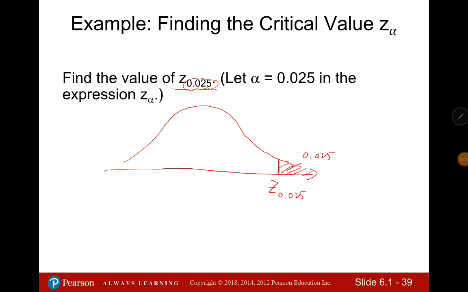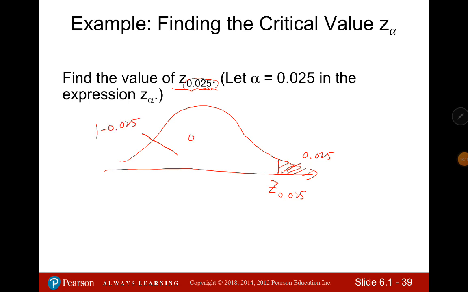Remember, when we want to find the Z-score and the area we have is not cumulative to the left, what should we do first? We should find what is the area cumulative to the left, right? Since this 0.025 is the area on the right, we should find the area of this other part. The blank part is 1 minus 0.025.